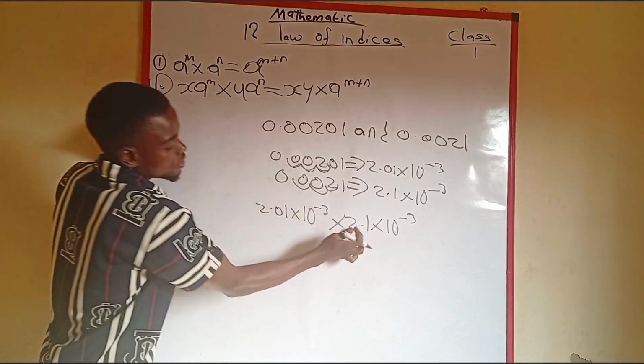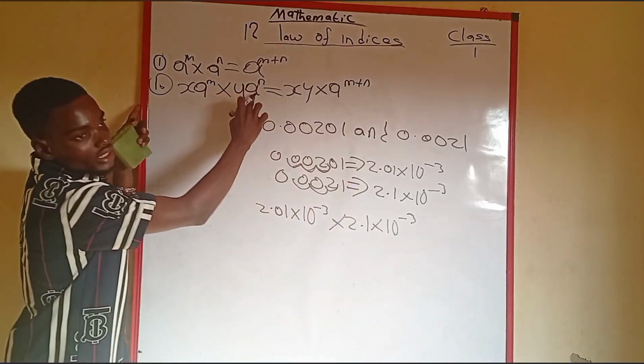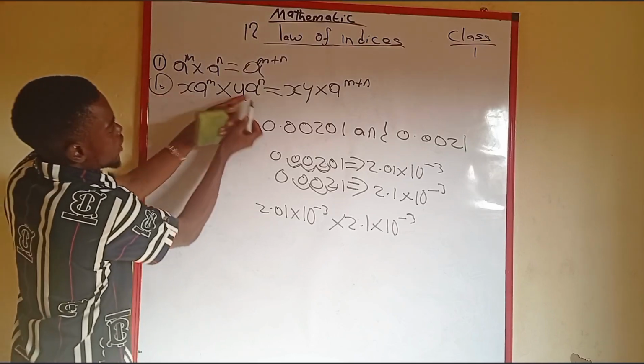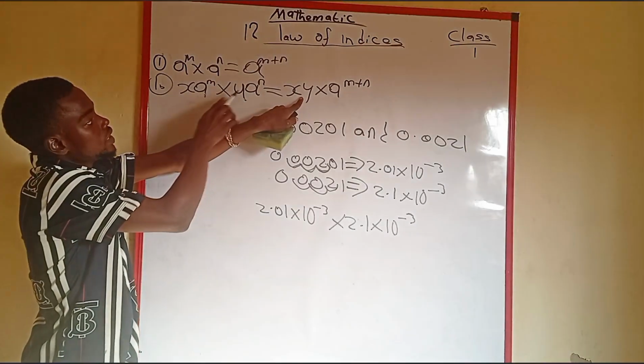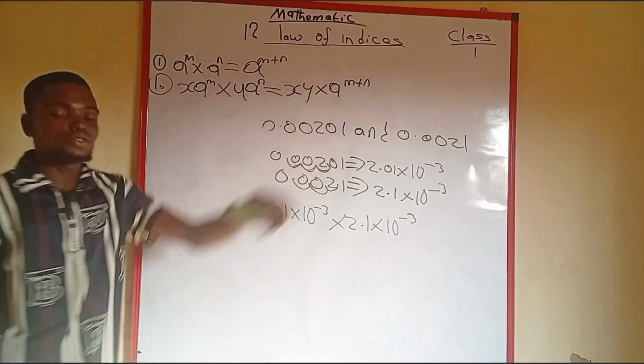Now, this y is the same thing as 2.1, with 10 raised to the power -3 as a raised to the power n here. Now, what am I going to do? I'm going to multiply s and y with each other, and then the base, which is a, I'll call it a single base, and then the powers, I'll add together.